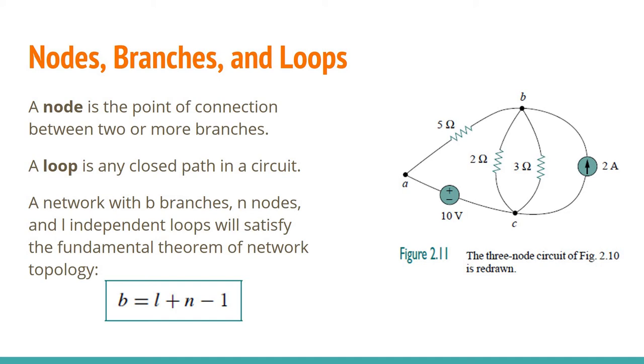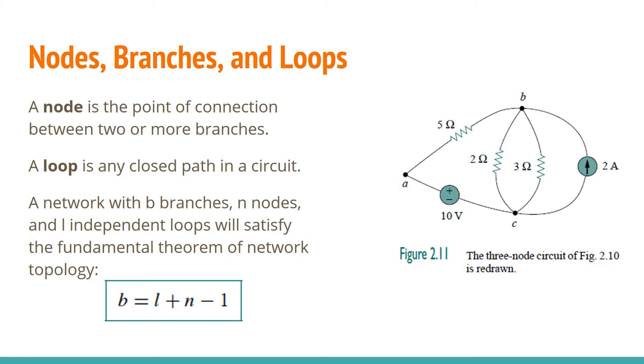Pero kung gamiton nato ning formula nga b equals number of loops plus number of nodes minus 1, so makalculate nato nga ang branches sa figure 2.11, so kaning loop is tulo, 3 plus node 3, minus 1. So, 3 plus 3 minus 1, that is 5. So, na ay 5 branches kining figure 2.11.